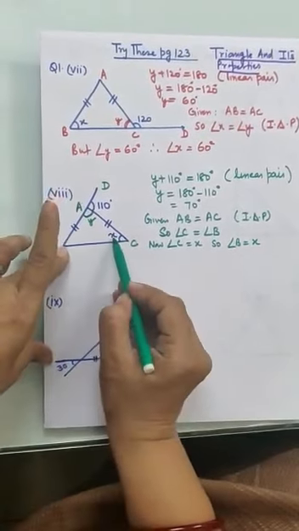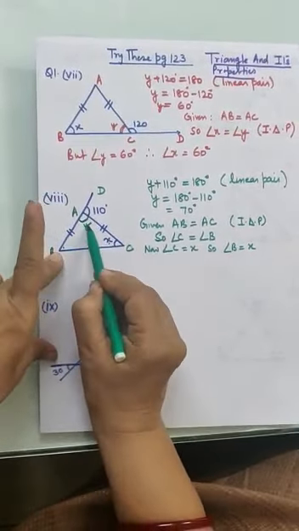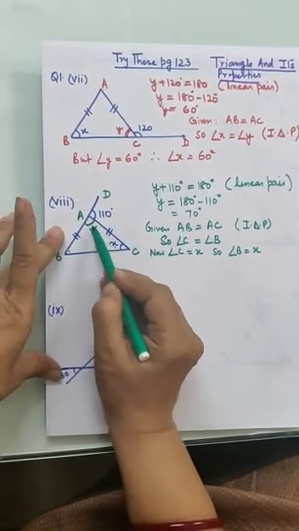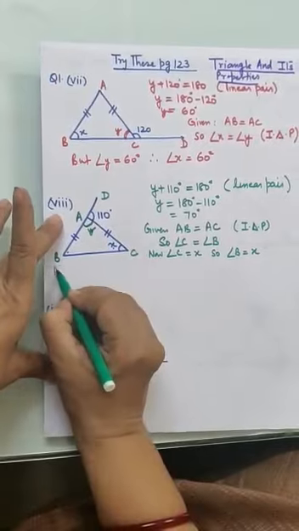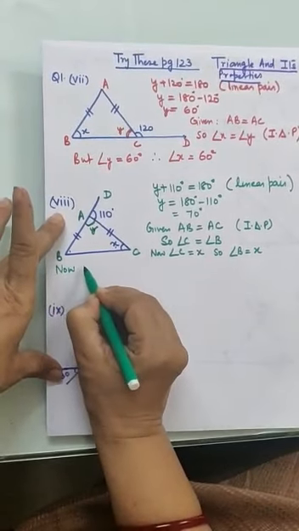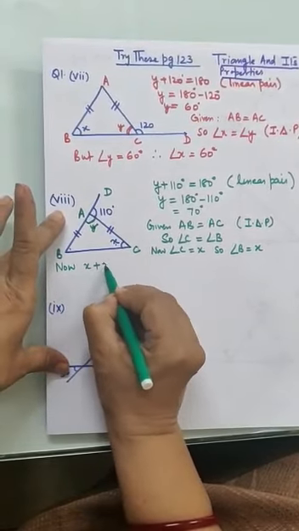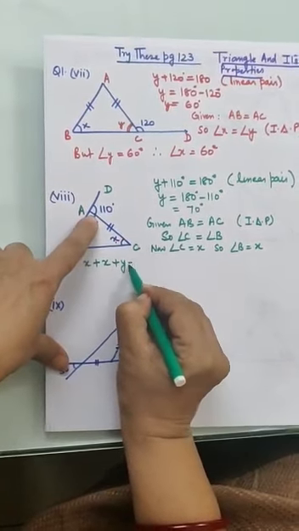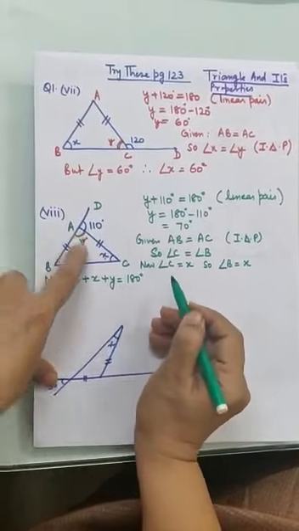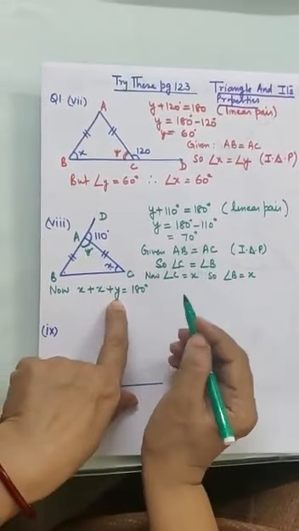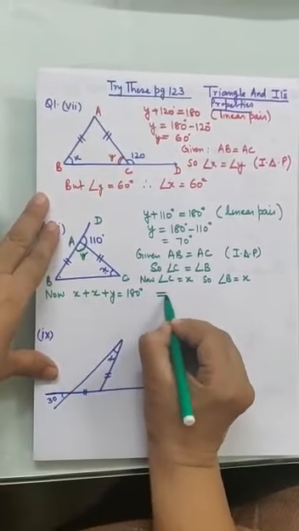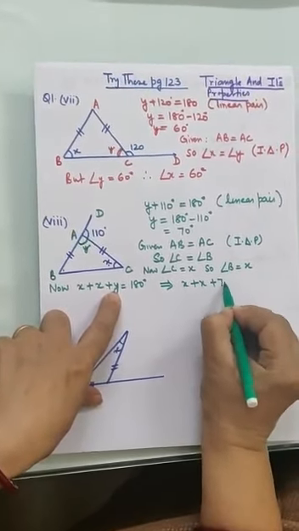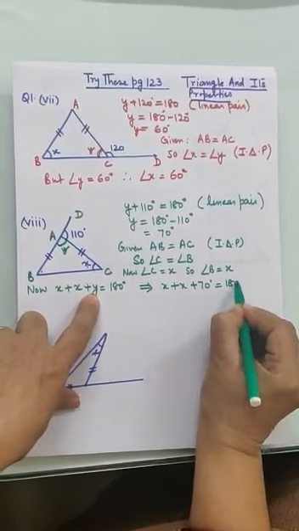Now this is x, and we have calculated this as 70 degrees. So we will use angle sum property here. Now x plus x plus y is equal to 180 degrees, and our y is what? 70. So we put here, this implies that x plus x plus 70 degrees equal to 180 degrees.